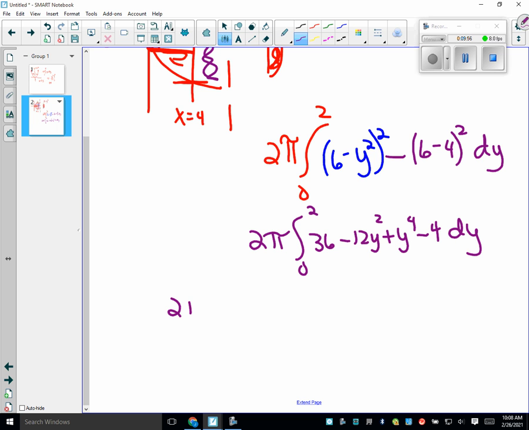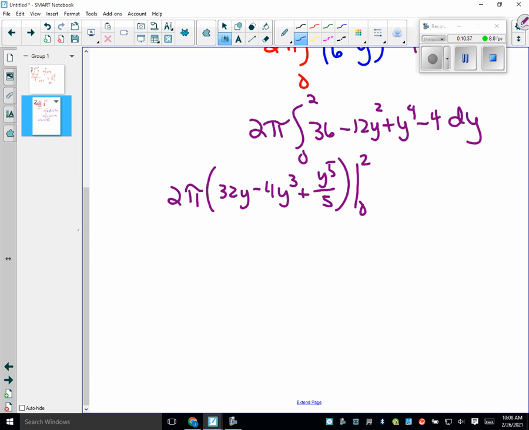Which is 2 pi times 32y minus 4y cubed, at 36 minus 4, plus y to the 5th over 5, from 0 to 2. I've got this one? Okay.